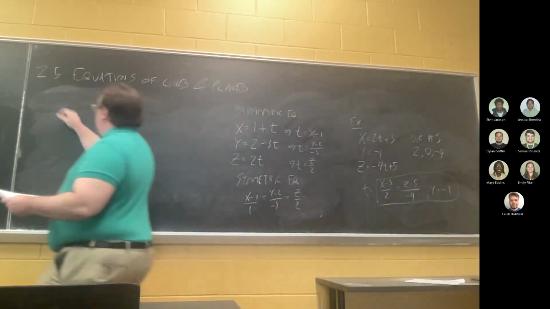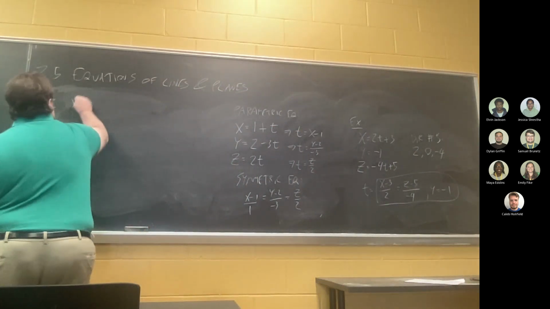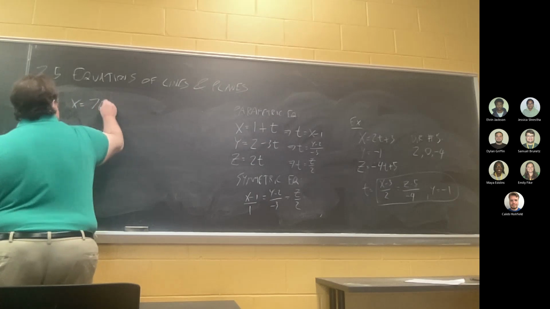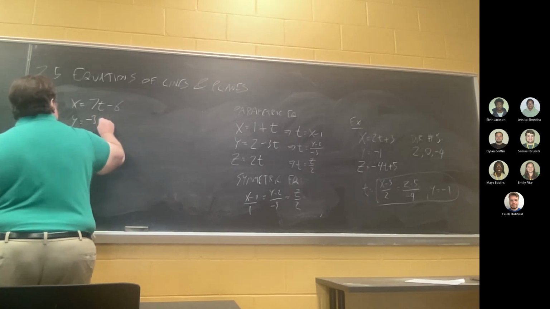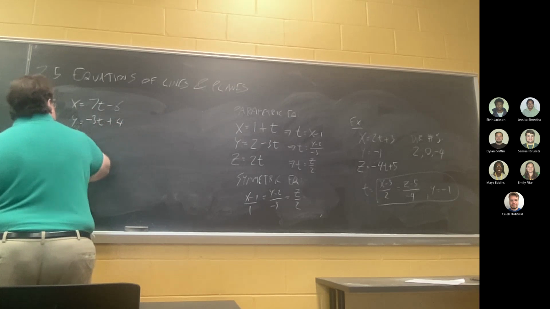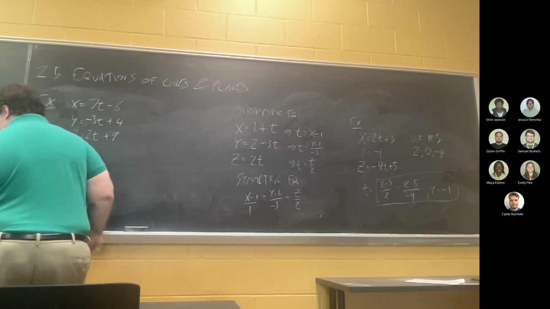So our line is given by these parametric equations. x is 7t minus 6. y is equal to minus 3t plus 4. z is 2t plus 9.